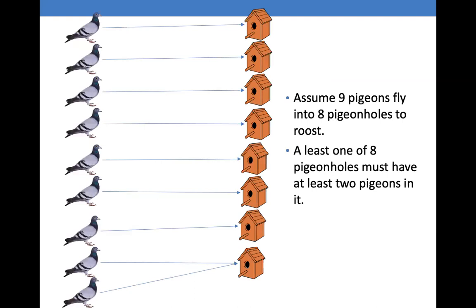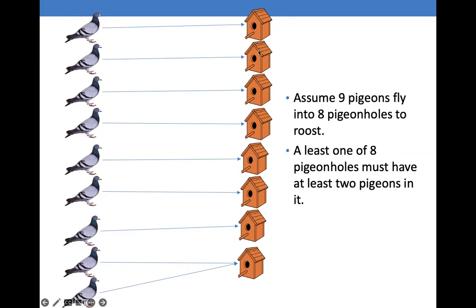So we can visualize it like this. Let's say you have 9 pigeons here, and then we only have 8 pigeonholes to roost. So the pigeonhole principle says that at least one of the 8 pigeonholes must have at least 2 pigeons in it. So we can map the first pigeon into the first pigeonhole, the second pigeon into the second pigeonhole.